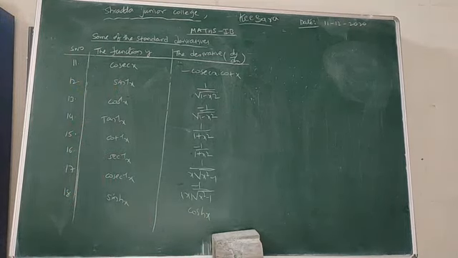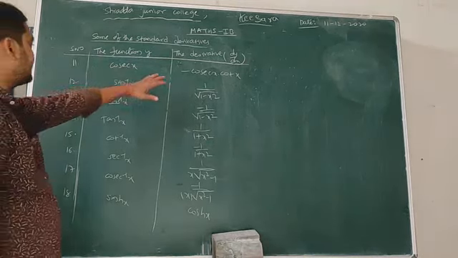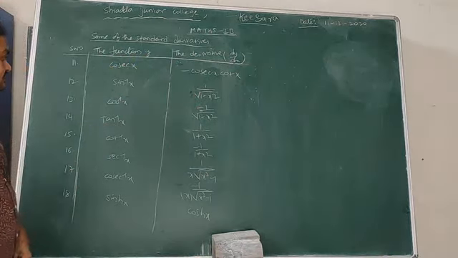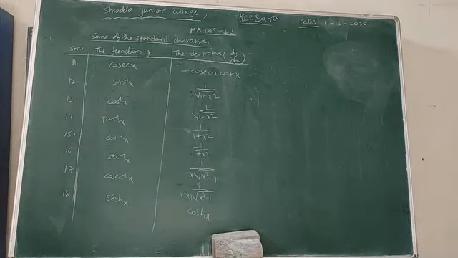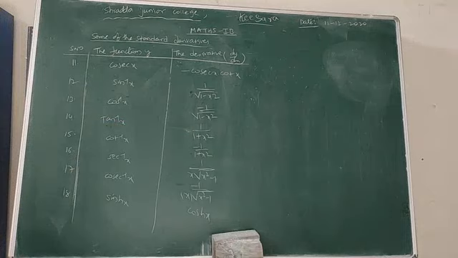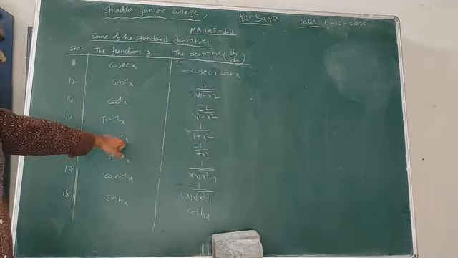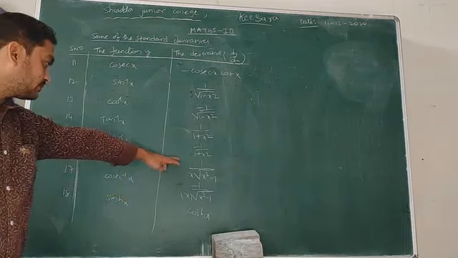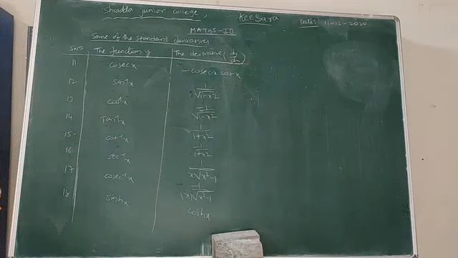These are also some important formulas. d/dx of cosecant x, that is minus cosecant x into cot x, d/dx of sin inverse x, 1 by root 1 minus x square, d/dx of cos inverse x, minus 1 by root 1 minus x square, d/dx of tan inverse x, 1 by 1 plus x square, d/dx of cot inverse x, minus 1 by 1 plus x square, d/dx of secant inverse x, 1 by x root x square minus 1.